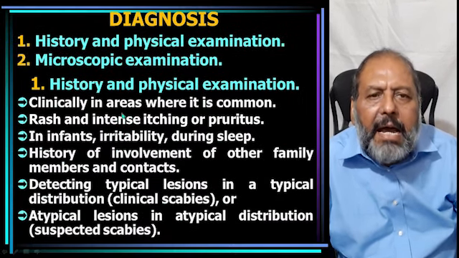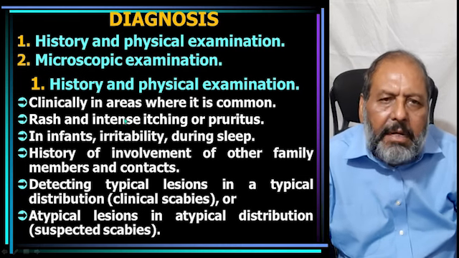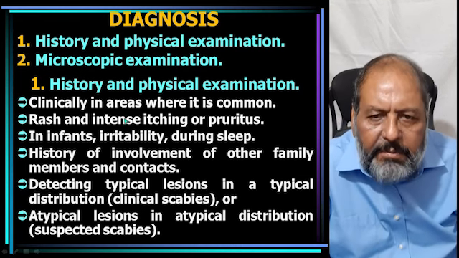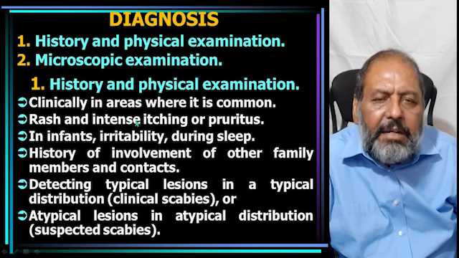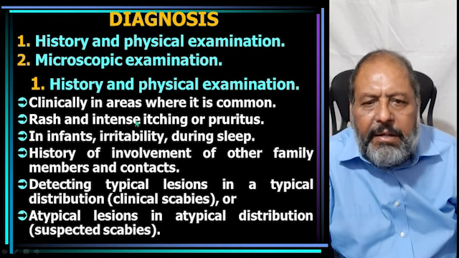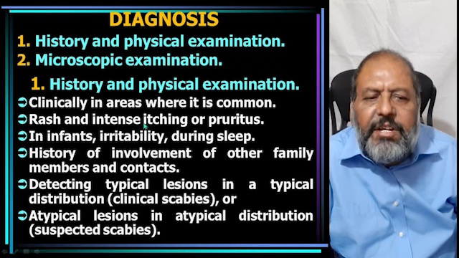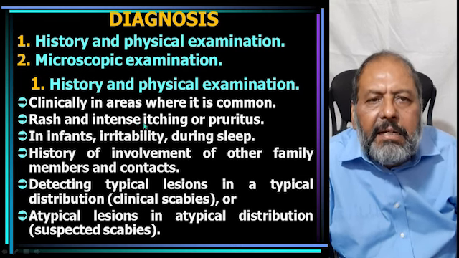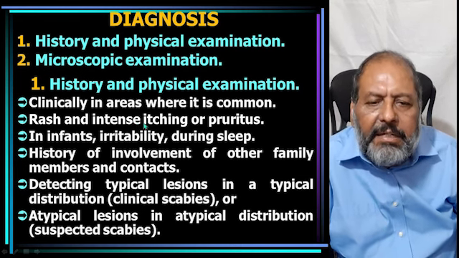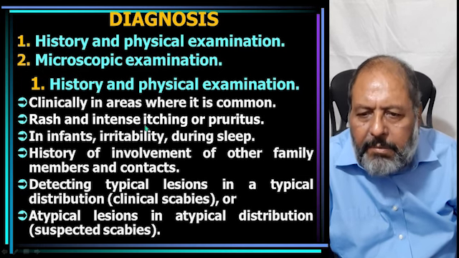Now, the diagnosis of scabies. There are two methods. One is history and physical examination, and number two is microscopic examination. Number one, history and physical examination. It is seen clinically in areas where it is very common.